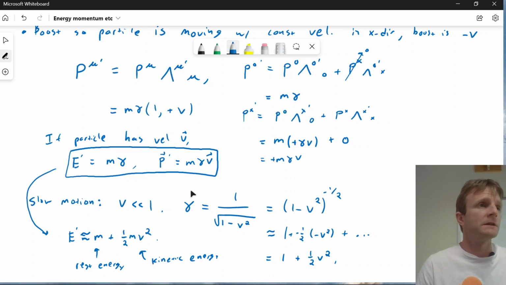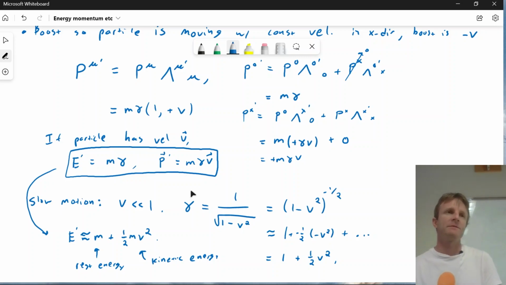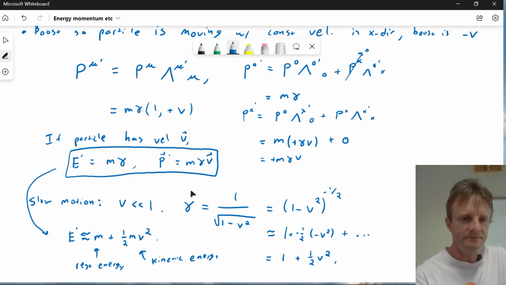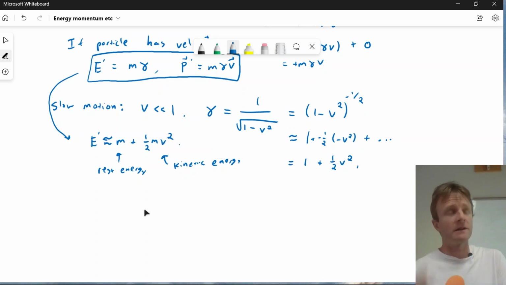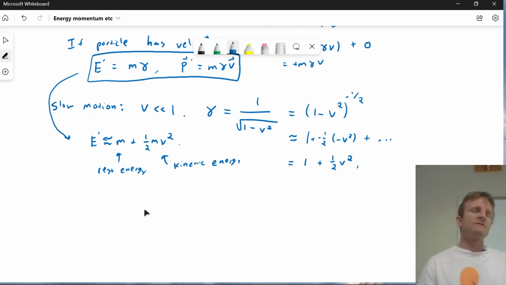You could define the kinetic energy as m gamma minus m if you want to just subtract off the rest mass energy. But it's just not as useful a concept. It's easier to write m gamma. And we'll see in curved space-time, energy is even more subtle, actually. We have to think, gravitational potential energy will make an appearance buried in that formula.